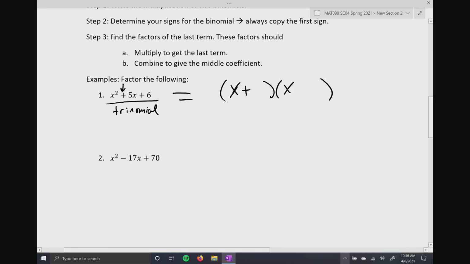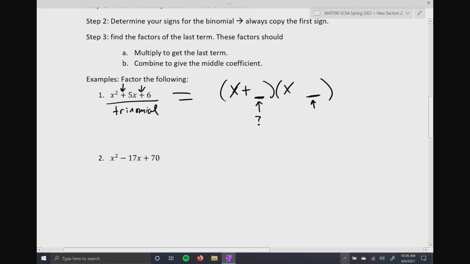Now, here's what else I know. This number, which I don't know what it is, and this number right here, I don't know what that number is yet. But what I know is this. The first number is positive. The second number that I multiply has to give me a positive number.